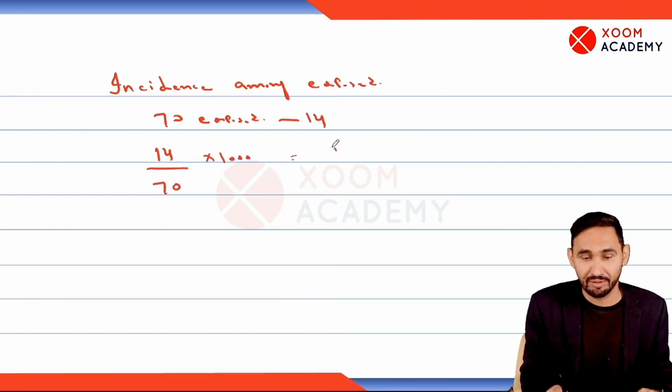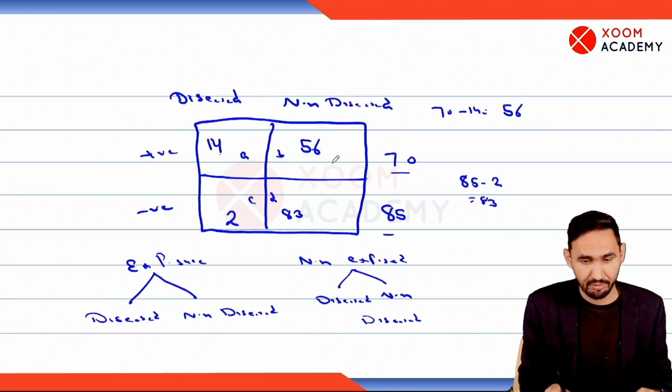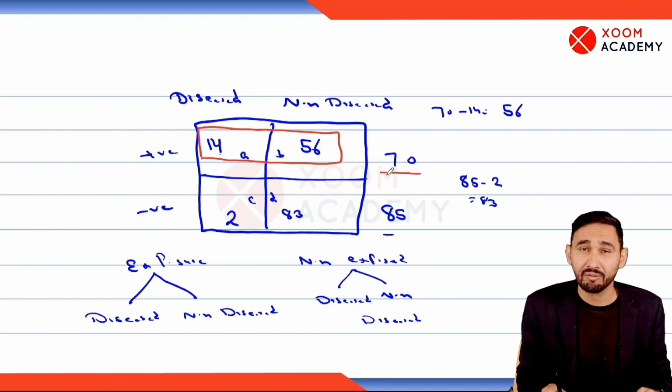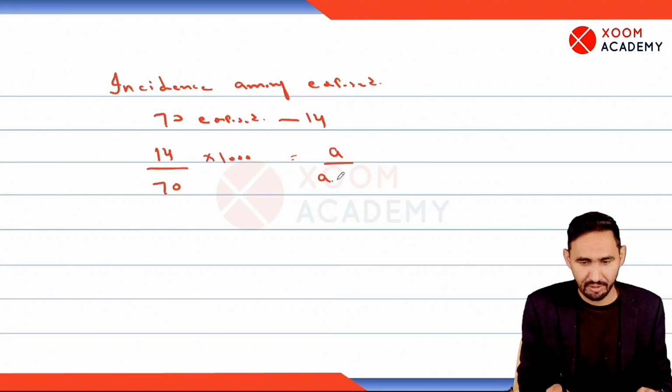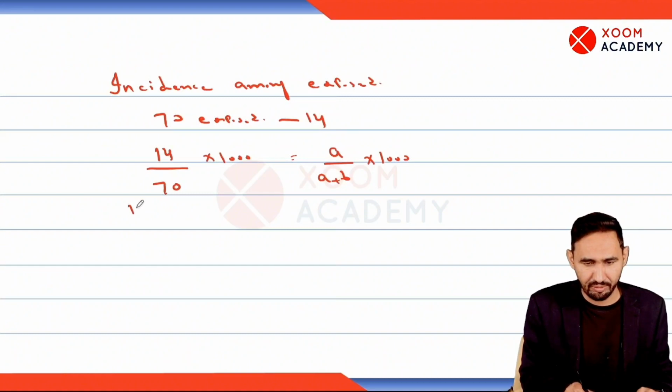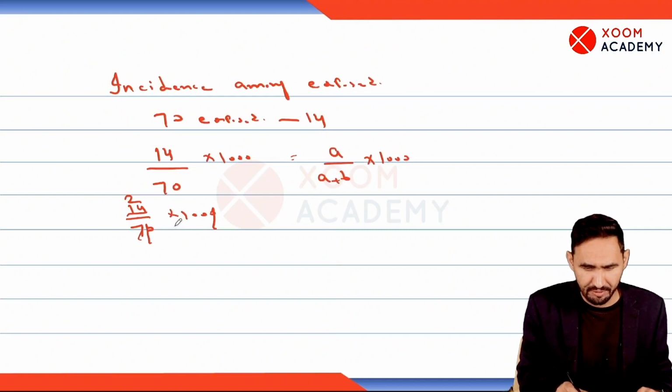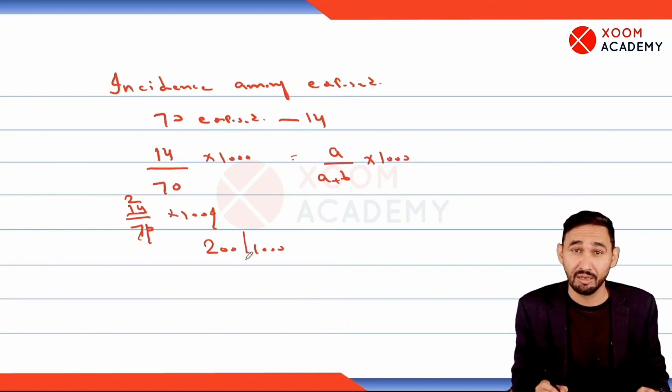Or we can write formula. 14 is A. You can see these all are exposed. 70 were exposed, 14 developed the disease. So we divide A by A plus B and multiply it by 1000. Our answer will be 200 per 1000. This means that among 1000 people, 200 develop cervical cancer.